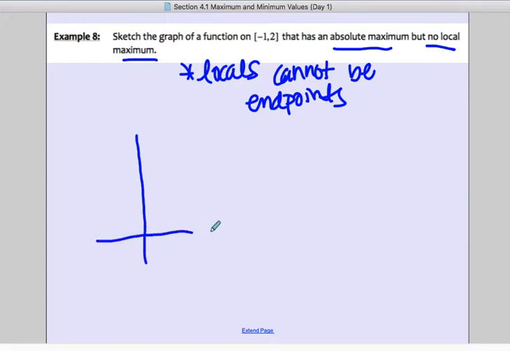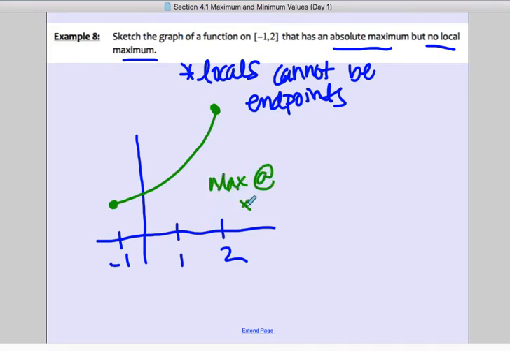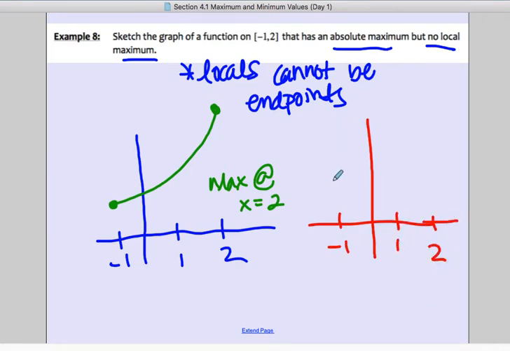So I'm going to sketch it. We got -1, 1. Let's see. Closed interval. Here's an option. We would have a max at x equals 2. I could have also done it the opposite way. Could have gone this way. But there's an option. Is there another thing I could have drawn? I think so. We got -1. There's usually at least more than one option you could have. What if I did this?